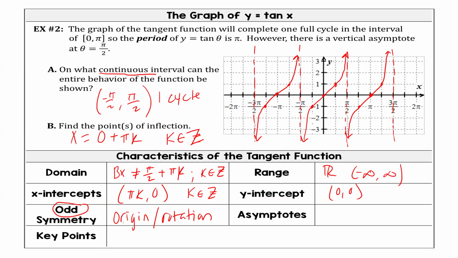All right, now our asymptotes. Where are our asymptotes happening? That pattern continues on and on. So when we write it, our vertical asymptotes are at x equals pi over 2, but also its multiples, every k. Does that make sense? Because it happens at pi over 2, 3 pi over 2, 5 pi over 2, 7 pi over 2, 9 pi over 2.